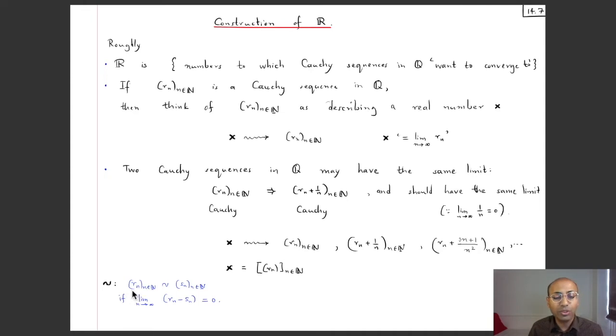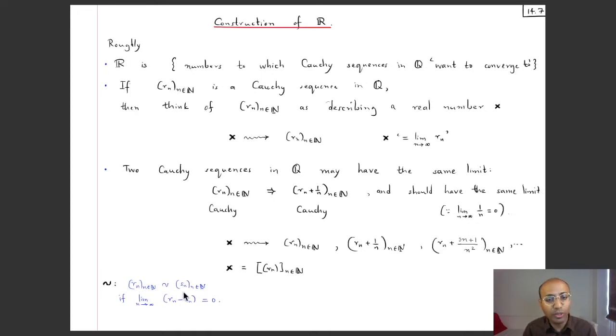If you have two Cauchy sequences r_n and s_n in Q, then we say that they are equivalent if the limit as n tends to infinity of r_n minus s_n is equal to 0. Okay, and this makes sense because r_n is really s_n plus (r_n minus s_n), and since the limit of r_n minus s_n is 0, this would have the same limit as whatever the limit of s_n is, and so they should describe the same real number.